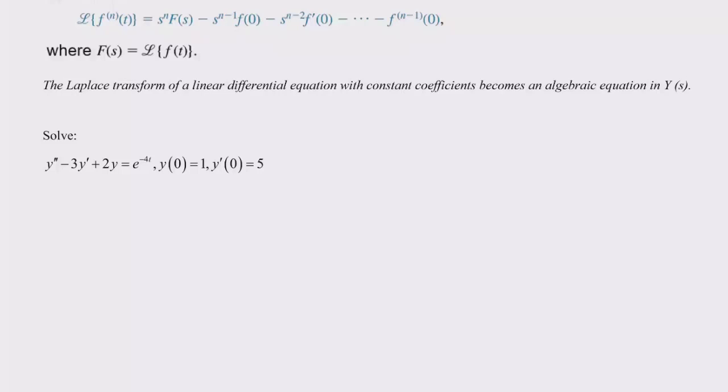All right, so what do I want to do? I want to do a Laplace transform of each of those terms. So the second derivative of y minus 3y prime plus 2y equals e to the negative 4t. So I'll do this term by term.